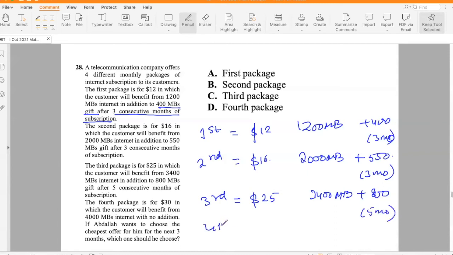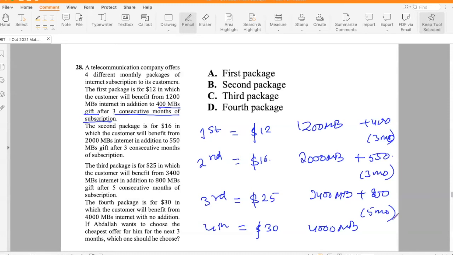And the fourth package is for $30, in which the customer will benefit from 4000 MB with no addition. Okay. If Abdullah wants to choose the cheapest offer for him for the next 3 months, which one should he choose? Next 3 months. Okay.